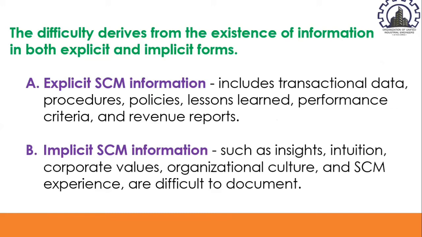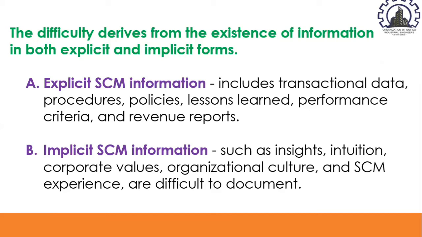Now, explicit supply chain information includes transactional data, procedures, policies, lessons learned, performance criteria, and revenue reports. So, therefore, explicit supply chain information can be created, captured, refined, stored, managed, and disseminated in paper-based or digital formats.